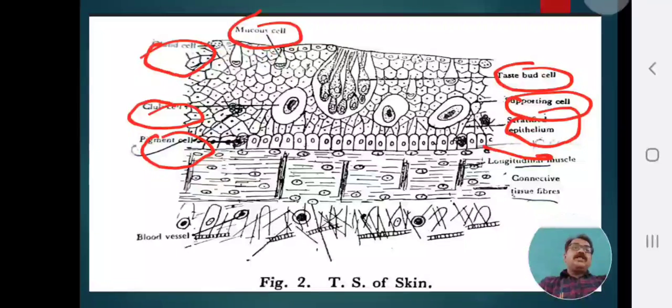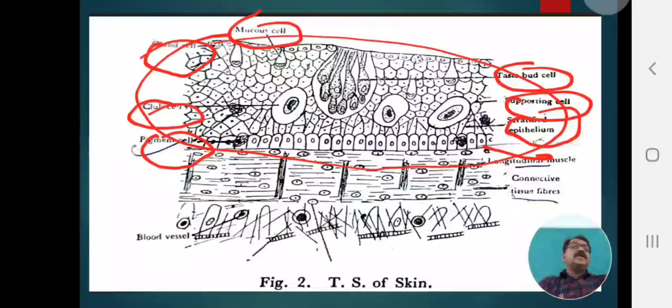All these cells are present in the skin, and hence the skin is multicellular.